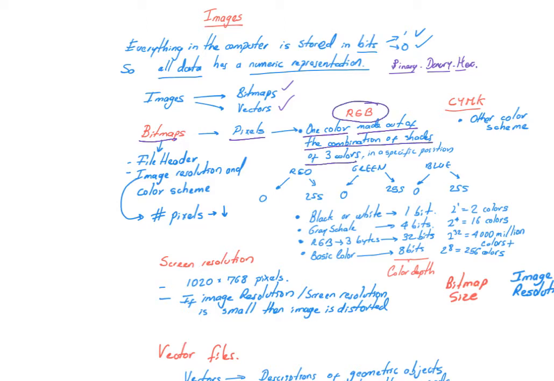In the RGB system, we have red, green, and blue, and in other systems, we use different colors. For example, CMYK is cyan, yellow, magenta, and black.